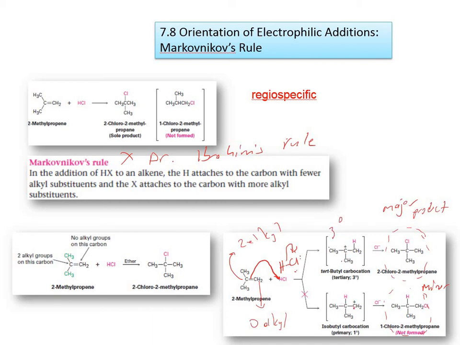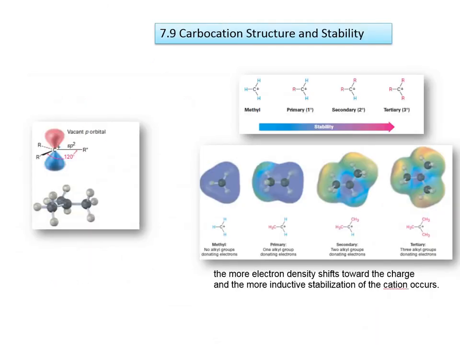And this one is the other possible carbocation that could form, but it is not formed or is formed in minor quantities. This is a primary carbocation. Why? Because the positively charged carbon is next to just one carbon. Then let's go back to our discussion. Why do we form a tertiary carbocation and why didn't we form a primary carbocation?